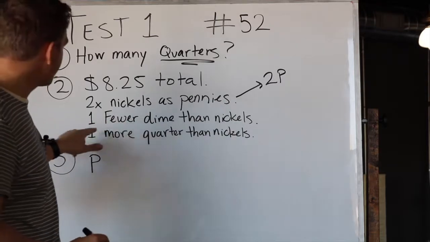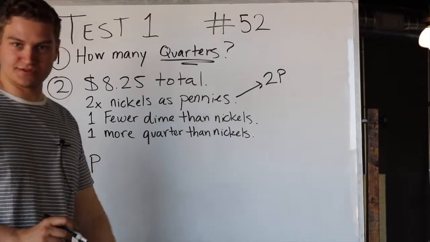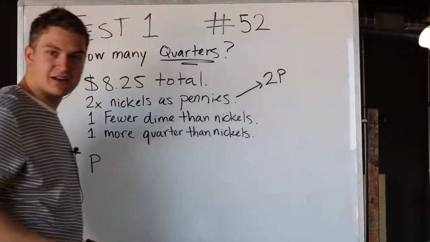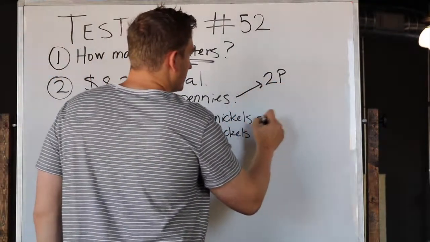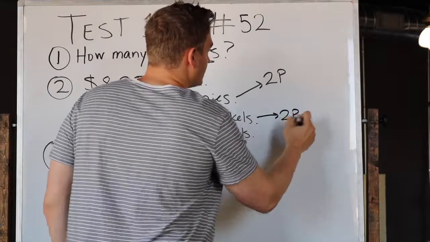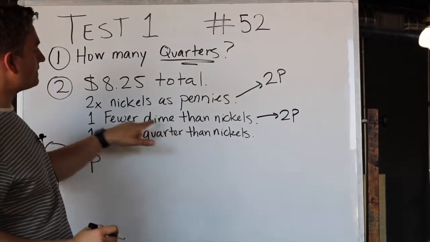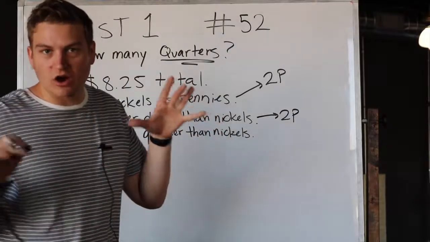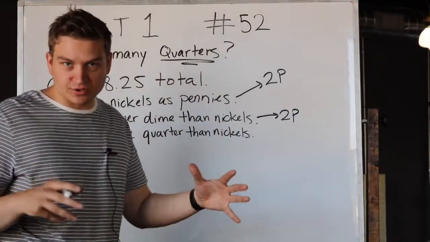Same here, okay? One fewer dimes than nickels. Well, if we have 2P nickels, and we have one fewer dime than nickels, this is kind of incorporating our translating words into algebra as well, right?